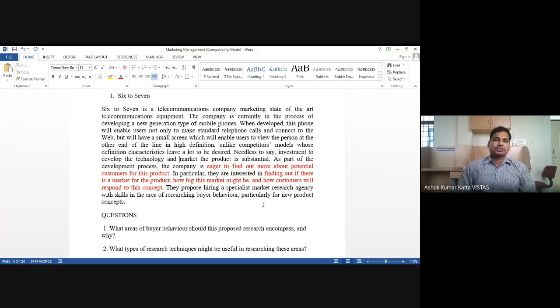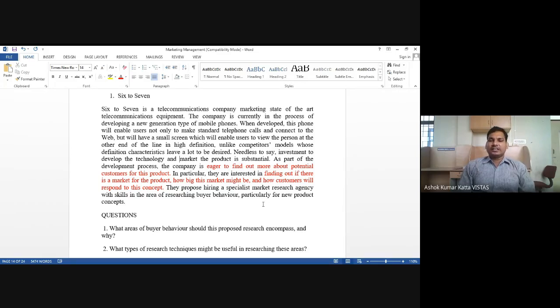Now, what they want to tell you is there is one company, 627 Telecommunication. So far, they produced only telephone related equipment. They would be having earphones, or sorry, the bells, ringer, RAM, hard disk, like that equipment only they are producing. Now the company has decided to manufacture mobile phones.